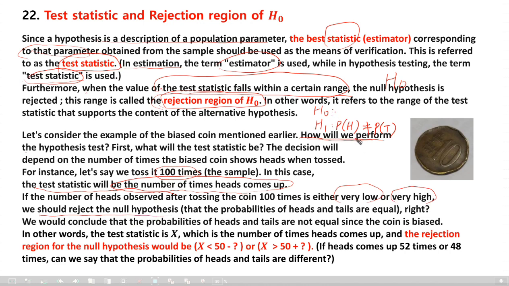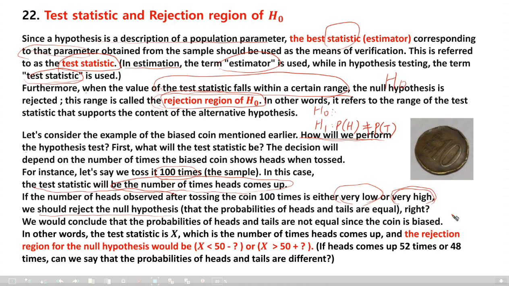In other words, the probability of head and probability of tail are not equal. Very low or very high, right? And we would conclude that the probabilities of heads and tails are not equal since the coin is biased.